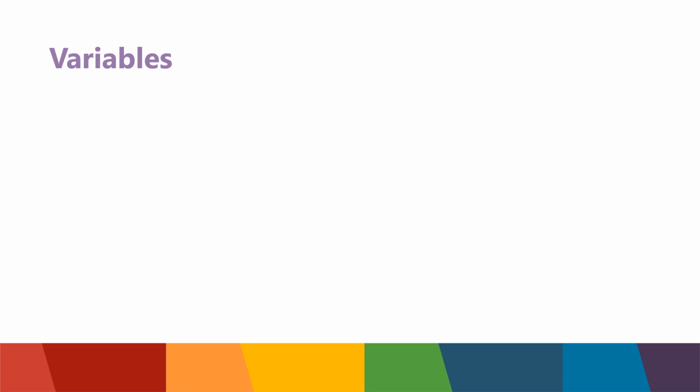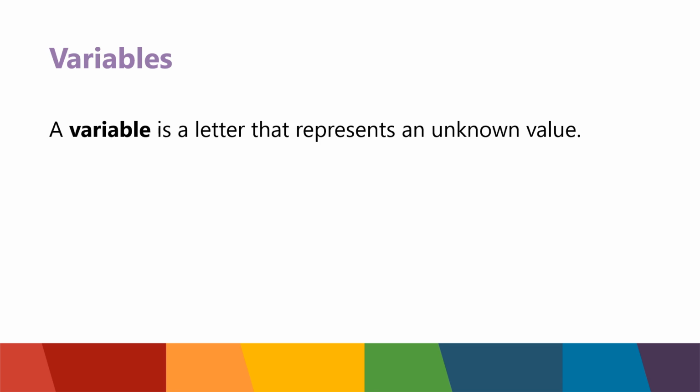Variable comes from that same word. A variable is a letter that represents an unknown value. Our job most of the time is to find out what that unknown value is, to solve for that variable.